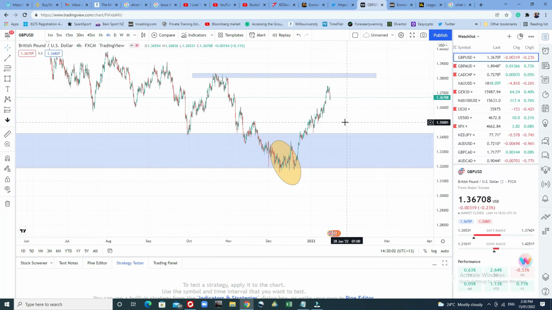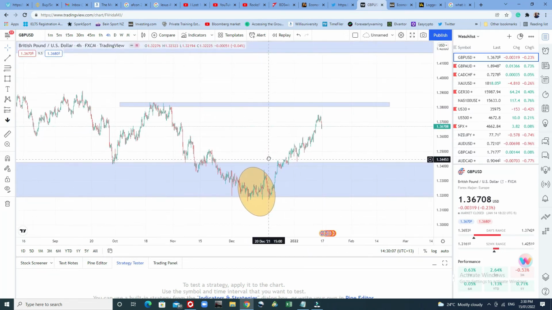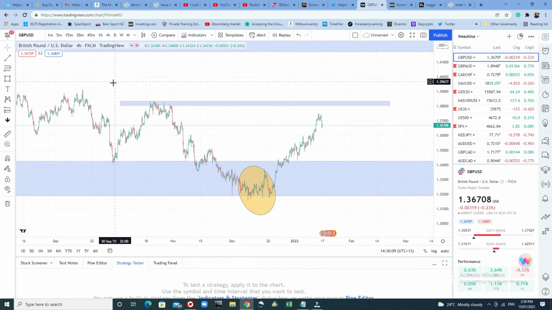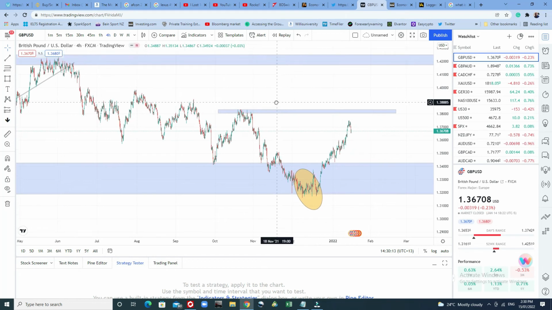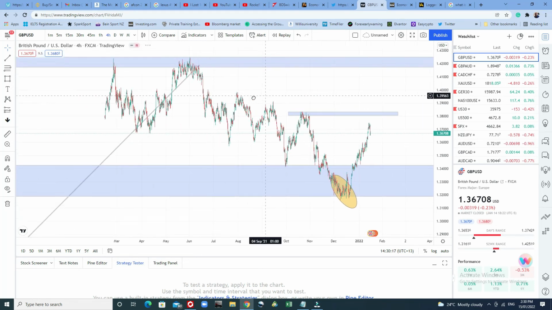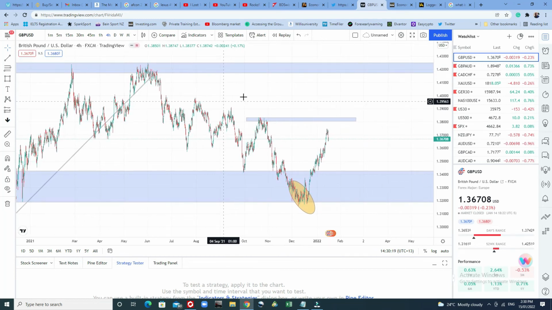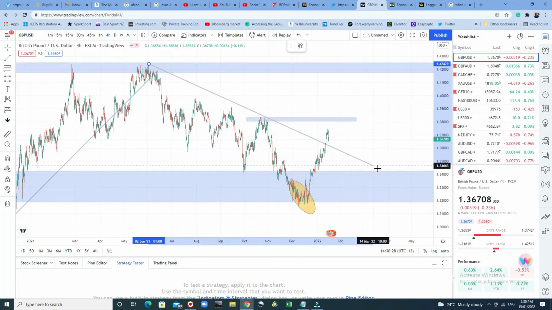Now let us see what is happening. If you look at GBPUSD properly, you will discover that there's a pattern already forming. You see it's already forming.